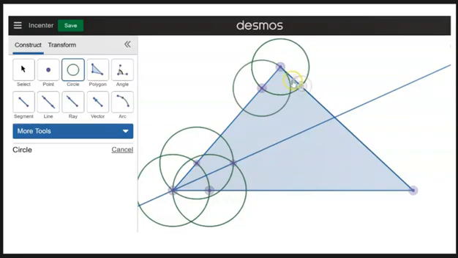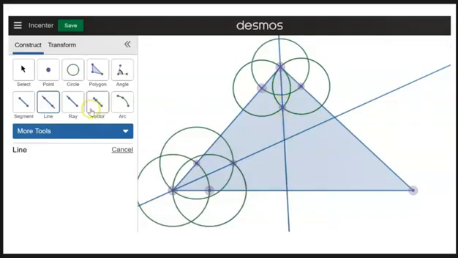To simplify the construction, at each angle I have constructed three congruent circles, where the first one's center is on a vertex of the triangle, and the second two circles have centers at the intersection points of the first circle and the sides of the triangle.